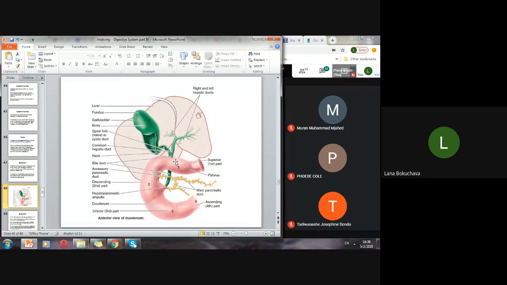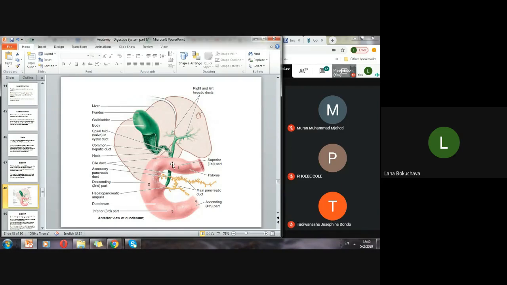This is the liver, and this is a portion of a bile duct, which is merging with the main pancreatic duct, producing the hepatopancreatic ampulla. But what is important here is that biliary ducts are mainly collecting the bile and passing it from the liver towards the duodenum.